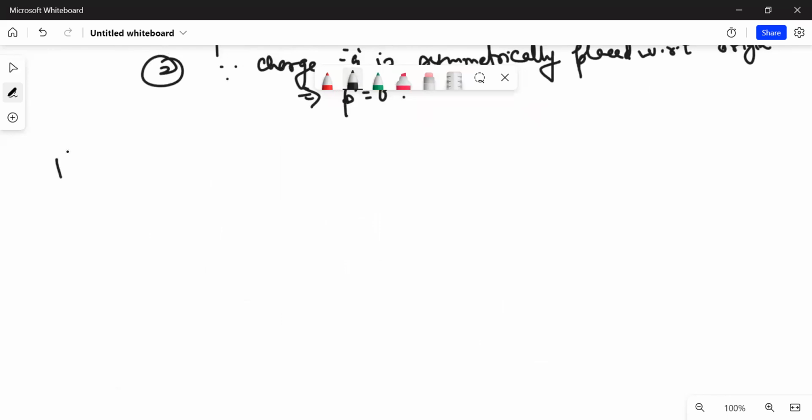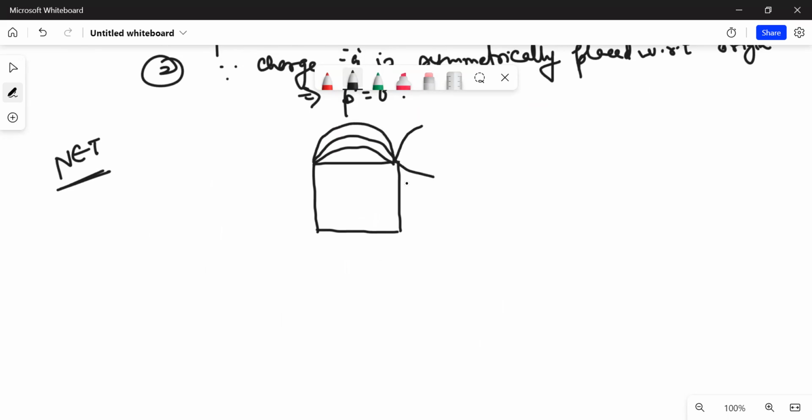Now let us move to another question that was asked in the NET exam. It said that if these are the representation of the electric lines of forces, how do you think your potential would behave at a far away distance?